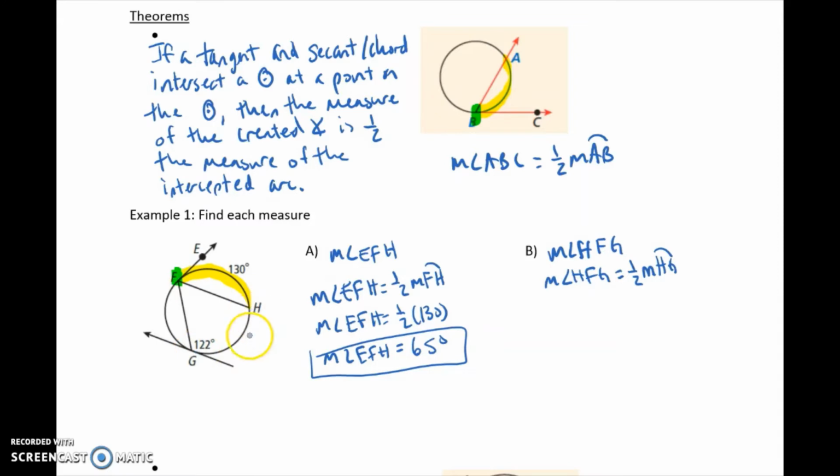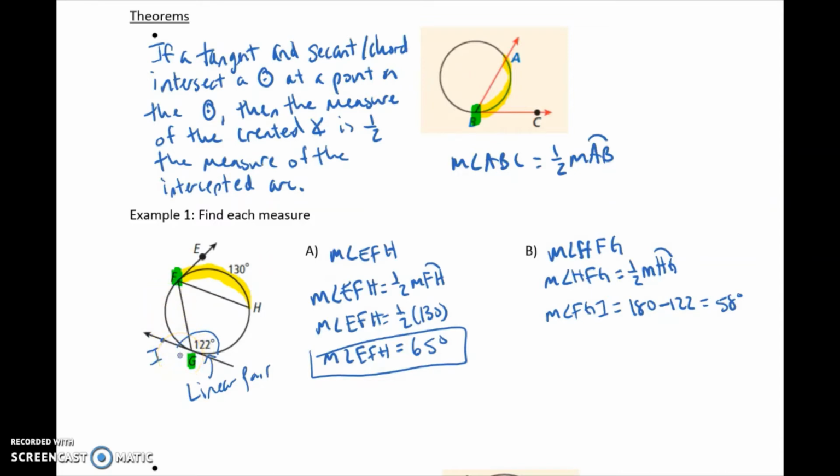Well, remember, a full circle is 360 degrees, and we have a linear pair. So if I called this angle FGI, for example, how do I find the measure of angle FGI? Well, a linear pair adds up to 180, so 180 minus 122 gives me that angle measure, which should be 58 degrees. And then remember, the angle at G has a vertex on the circle, so that means it's 1/2 of the intercepted arc, FG.